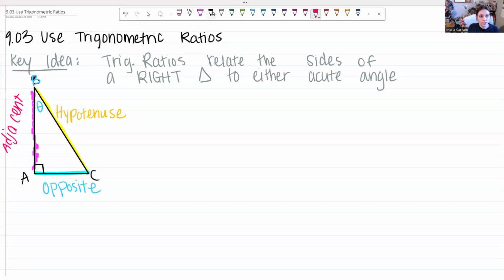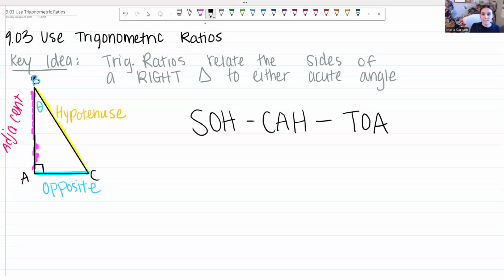Now, the three trig ratios that we have, we can remember using the acronym SOHCAHTOA. And this tells me that the sine of that angle theta is equal to the opposite side over the hypotenuse. S, or sine, is O for opposite over hypotenuse.